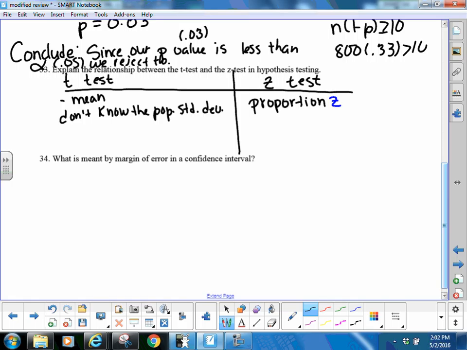So a Z is for a proportion all the time, or the rare case for a mean when you know the population standard deviation. If you do a t-test instead of a z-test, don't worry about it. You're just going to get a slightly different answer. Of course, the right one is better, but you'll still get some kind of credit for it. That's beautiful. That's about all I had for Z and T.